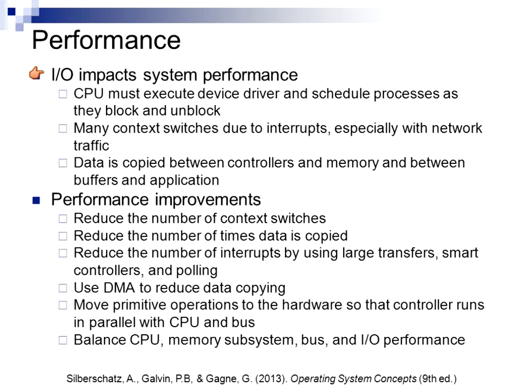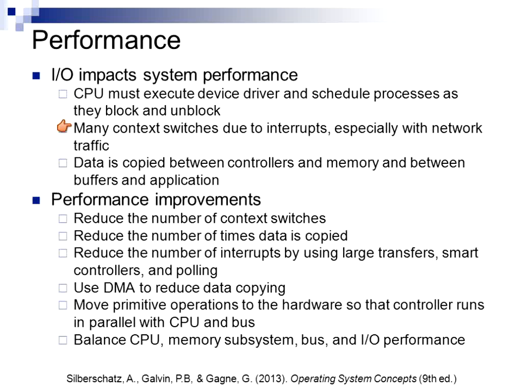But you can see how with everything that's going on, the I/O in a system is going to have a big impact on the performance of your system. Because the CPU has to execute the device driver, it has to schedule processes as they block and unblock. There's all kinds of context switching going on with all these interrupts.